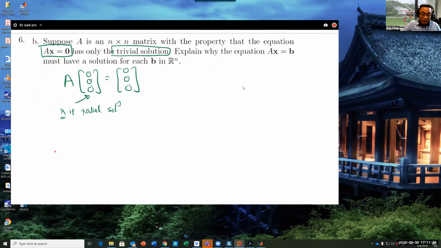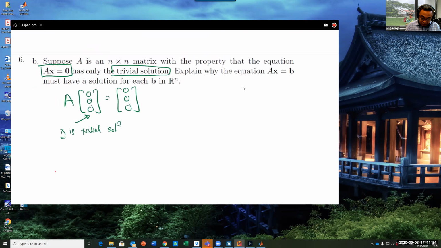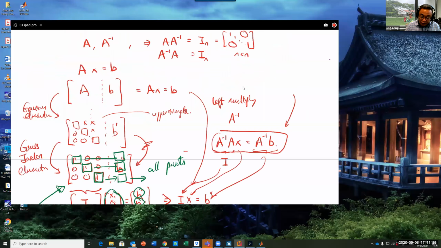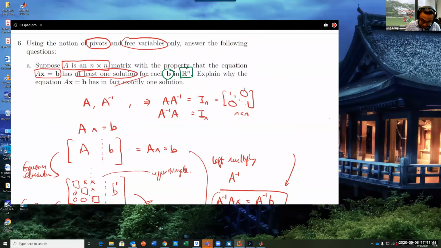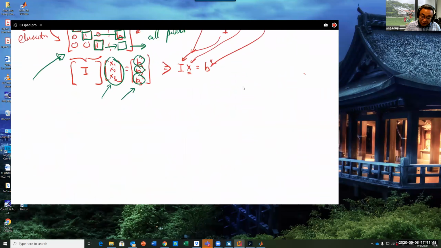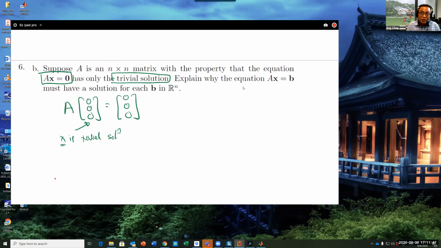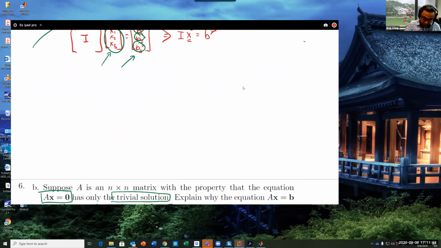So in fact, 6b and 6a are very similar. 6a tells you that for each b there is a solution. 6b tells you that if the right-hand side is only zero, x is the zero solution. Then why do we have other solutions? In fact, it will be exactly the same.